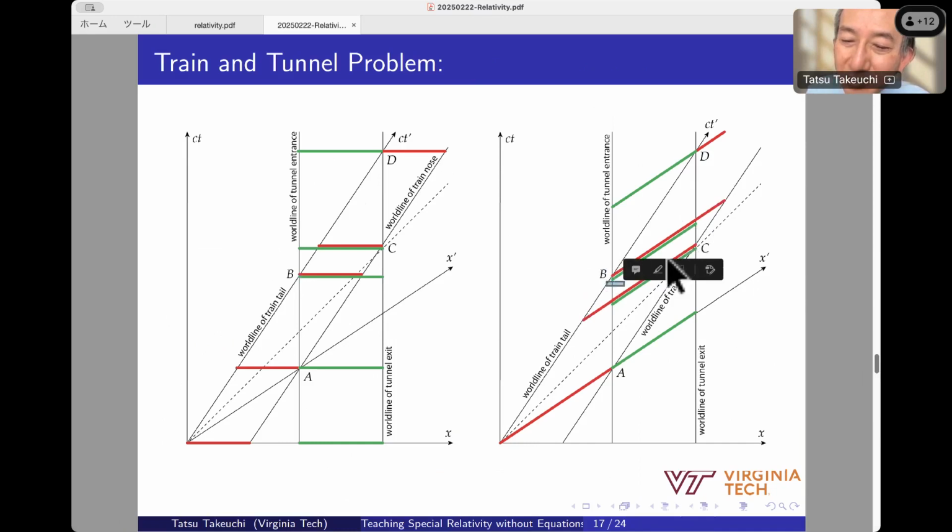Okay, so the two doors are never closed at the same time in the train frame of reference. And that is the reason why it doesn't crash.